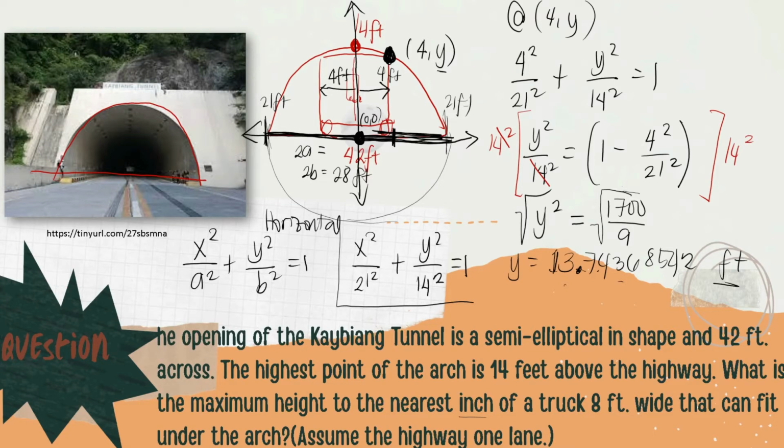In 1 foot, we have 12 inches. So we multiply 13.74368542 by 12. We get y equal to 164.924225, or if we round that off, 165 inches. So, 165 inches.